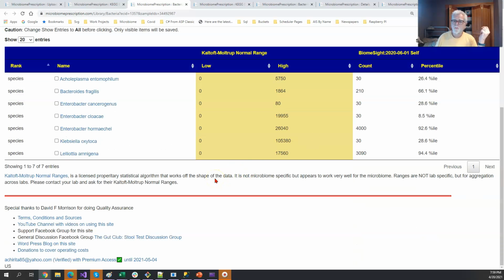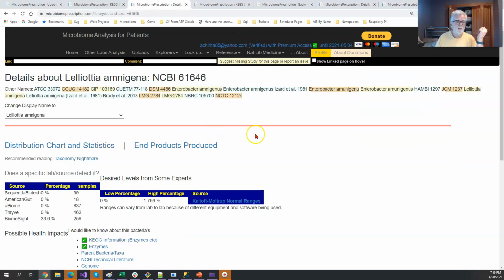For example, in this particular case, what is contributing a lot is this particular one, which you may want to, oops, sorry, no, that's the range. No, what is relatively high are those two. Again, that one is there, and this one is another one which I'm not familiar with, and again, it's only Biome Site that reports it.